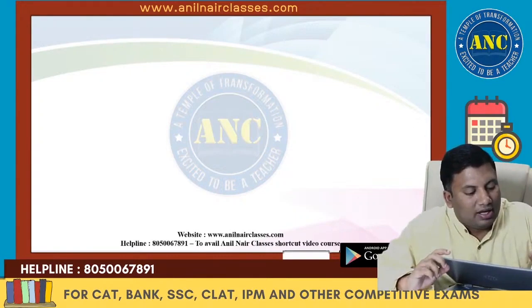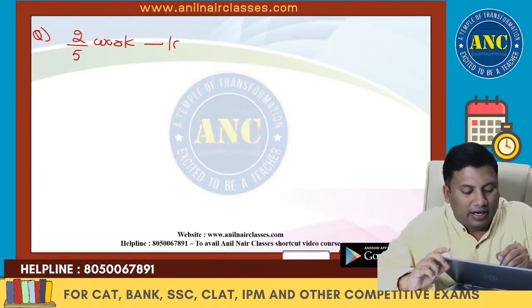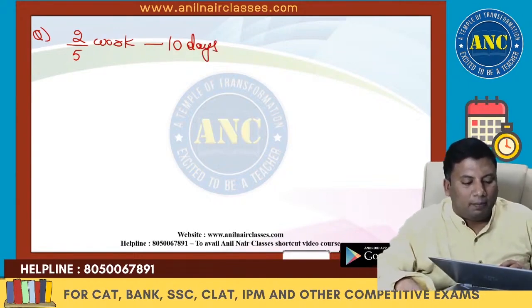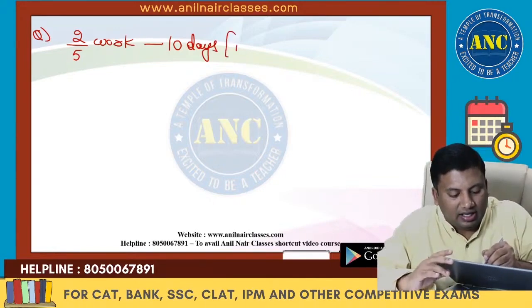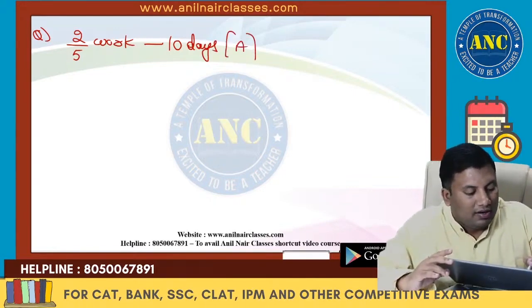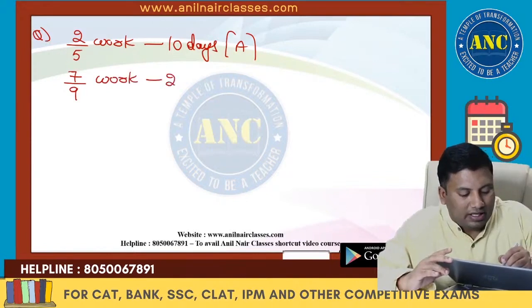For example, the question can also be asked like this: 2 by 5th of the work can be completed in 10 days. This is A. 7 by 9 of the work can be completed in 28 days.